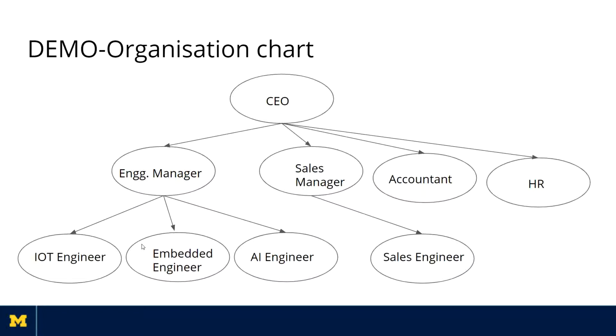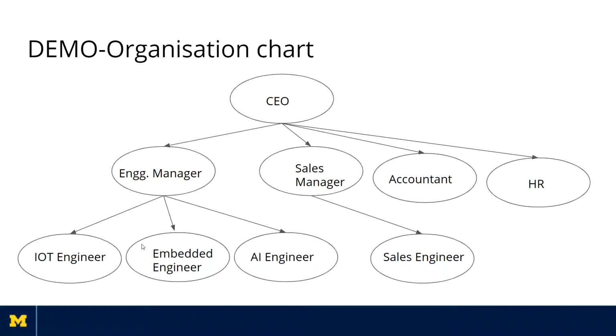Now I would be demoing an organization chart. I have created a similar organization chart using a composite design pattern. As you can see, the organization consists of a CEO. There are two managers. There's one accountant and HR, and there are three engineers who report to the engineering manager, and there's one sales engineer who reports to the sales manager.